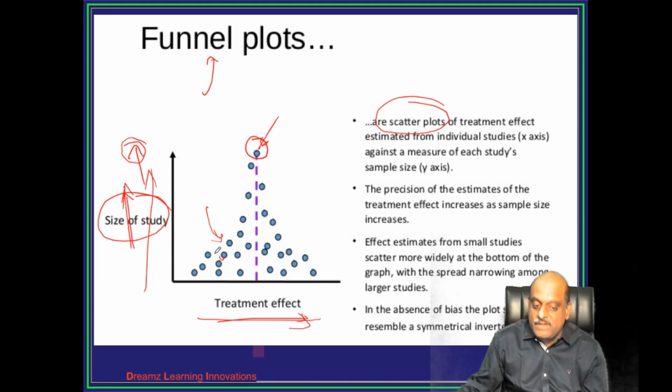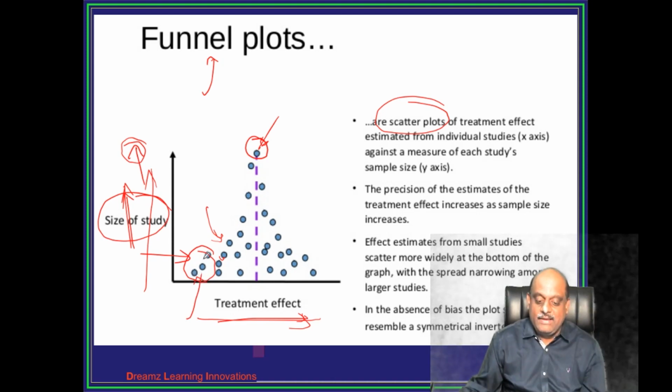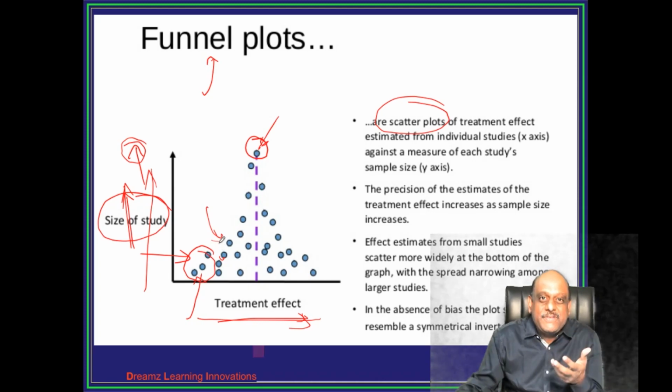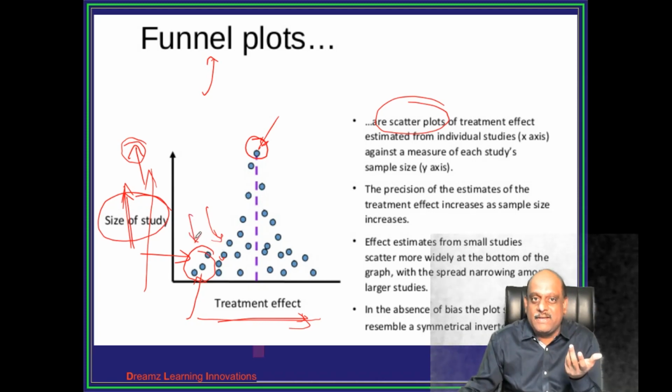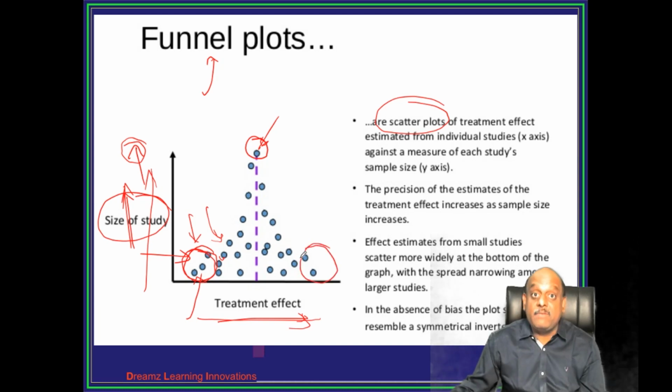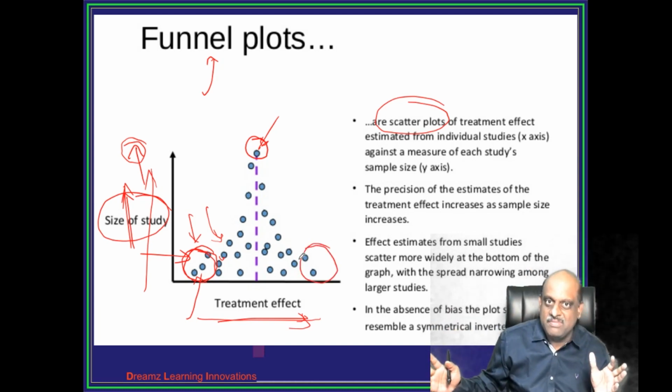Suppose when the size of the study is lesser, size of the study population, then you are biased, you are unable to see the effect of it. Even when the size of the study is very small, suddenly the treatment effect may appear to be very large.